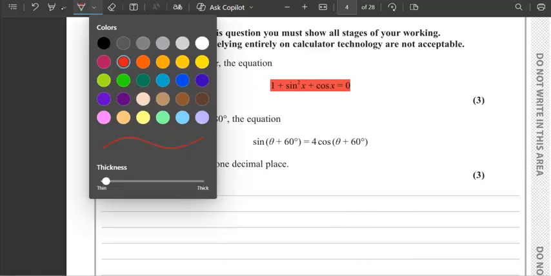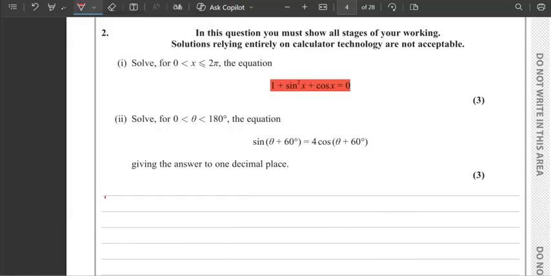Starting with Roman 1, we are given 1 plus sine squared x plus cos x equals 0.